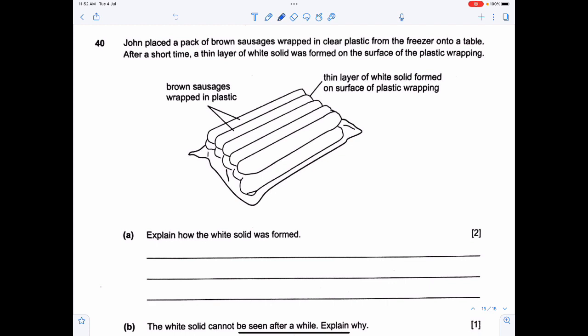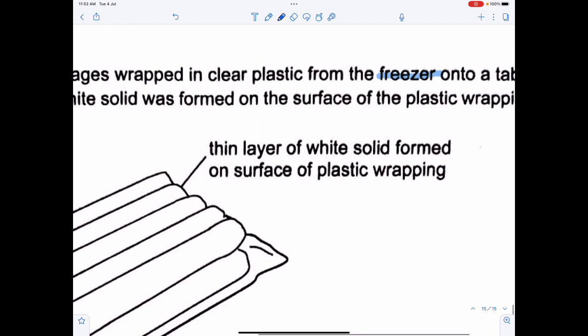So keywords, you see things like freezer. So what will a freezer do? A freezer means that it's got to do with very low temperature. And then the word freezer also probably tells you that it has got to do with freezing. And then you ask yourself which topic has this keyword freezing. And it will tell you states of water.